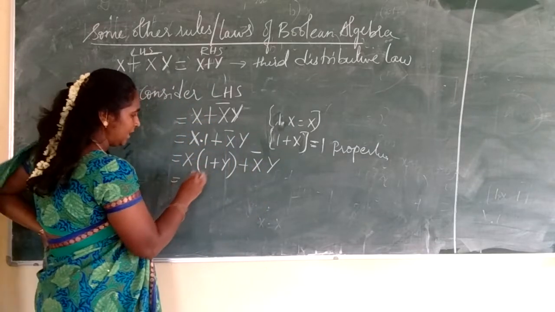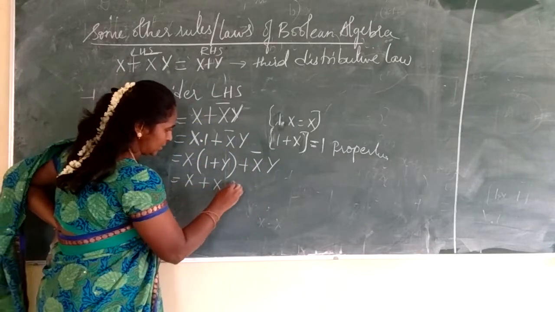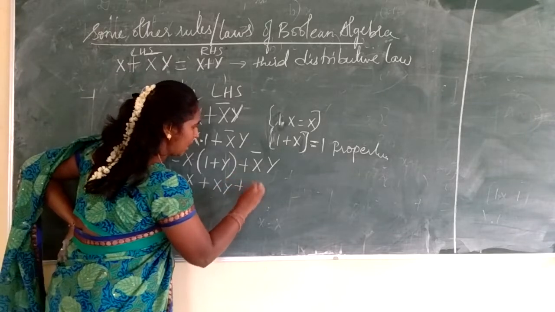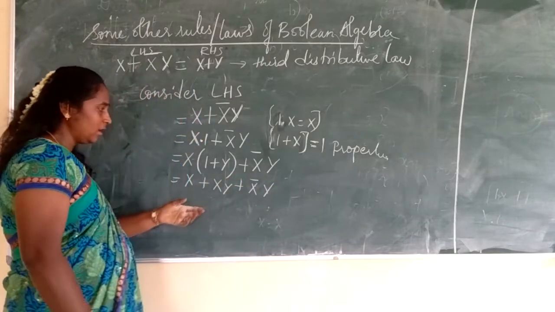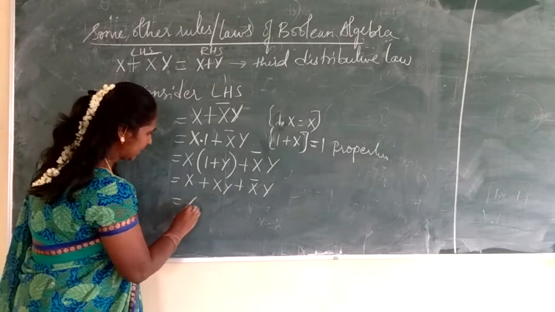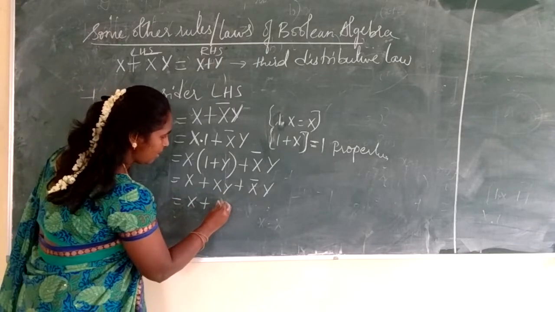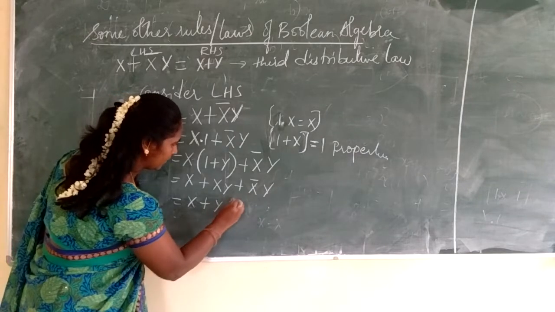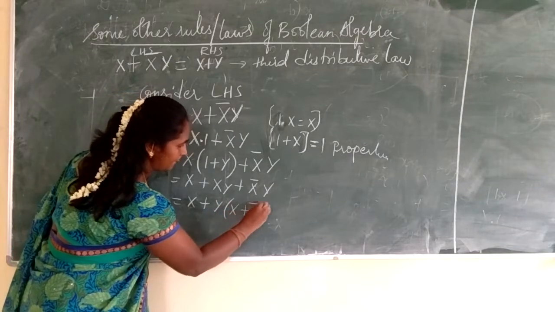Now multiply: x plus xy plus x bar y. Here I am taking x as it is, and in these two terms the common thing is y, so x plus x bar.